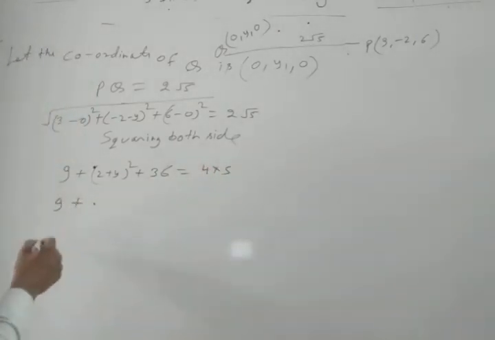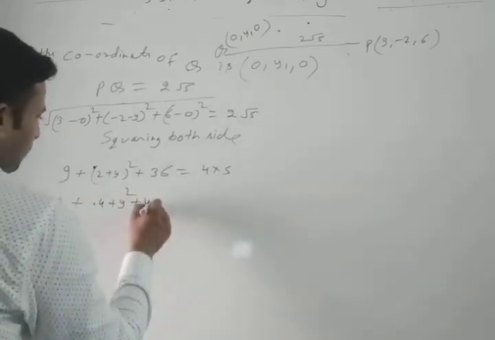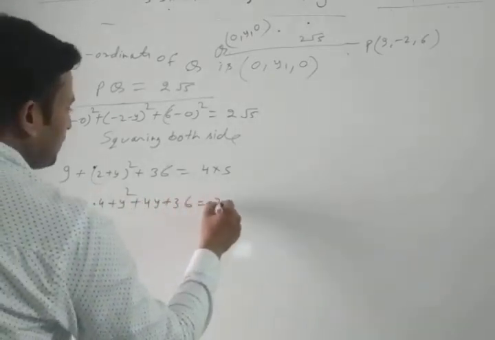Now 9 plus 4 plus y square plus 4y plus 36.